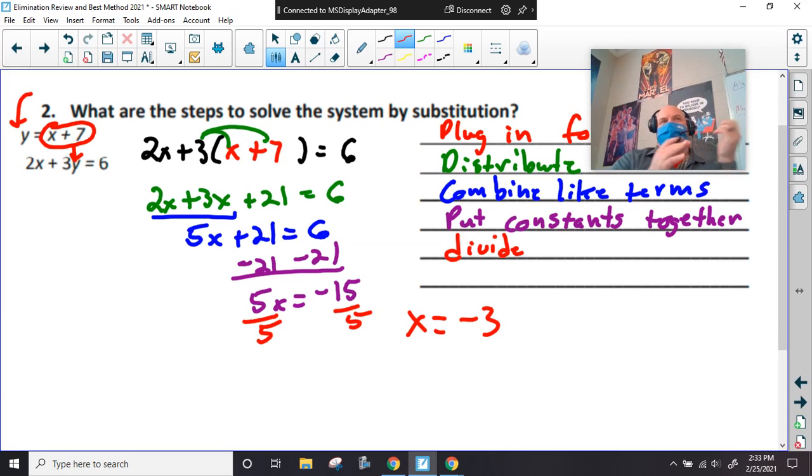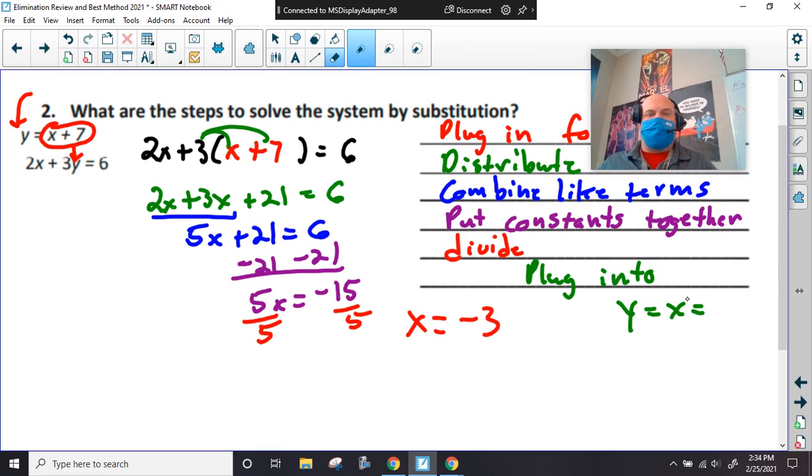But we only have half the solution. Okay, we only have an x. We need an x and a y. So I wonder what we need to do to find y. What did we do earlier when we were going over the homework, when we got one of the variables? What did we do to find the other one? Yeah, plug in. We're going to plug into this because y is already on one side by itself.